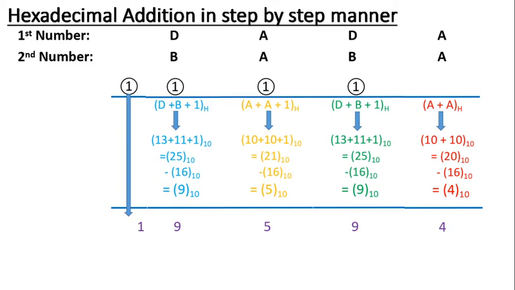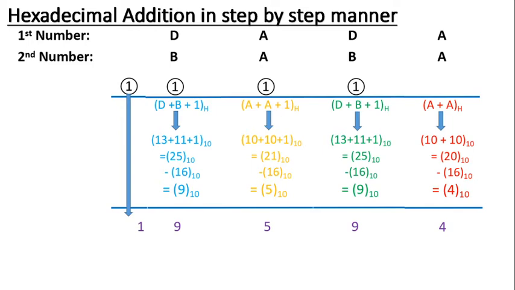Now, to whom is that carry to be added? There are no hexadecimal digits left from number 1 and number 2. So this final carry will simply drop down to the bottom and form a part of the corresponding answer.